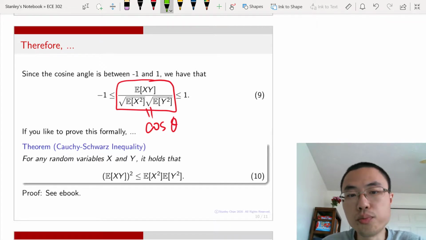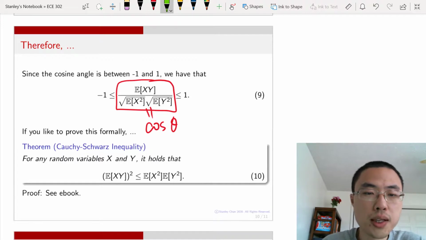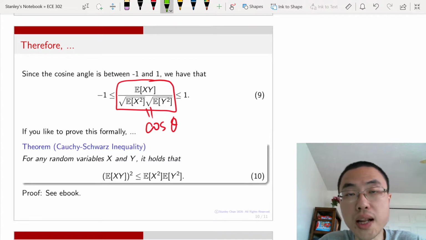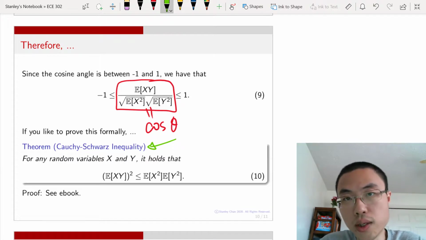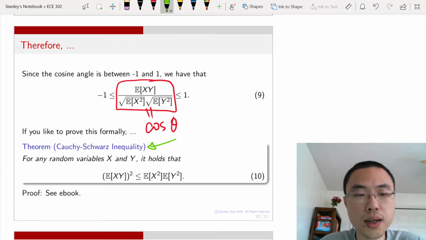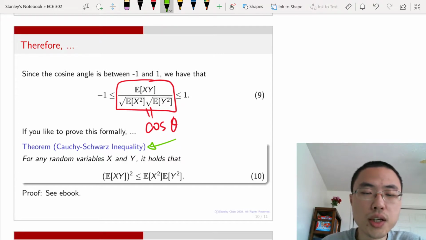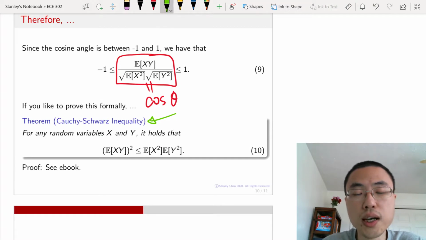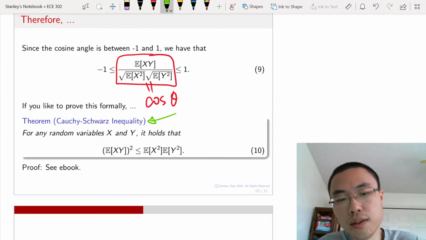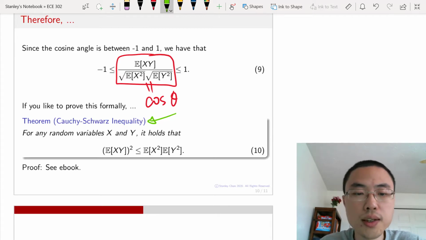Now, of course, if you want to be a little bit more rigorous, you can try to prove this result, meaning that you want to prove that this ratio is always between -1 and 1. And how to do that? You can prove a thing called the Cauchy-Schwarz Inequality, which we are not going to prove here. You can refer to the ebook for the entire proof. The result says the following. You look at the expectation of x times y, you take the square outside. This is upper bounded by the product of the second moments, expectation of x squared, expectation of y squared.